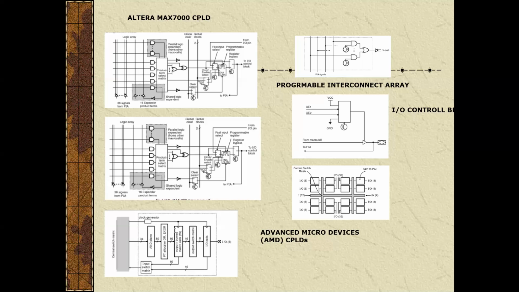The product term allocator distributes and shares product terms from the AND plane to the OR gates that require them. The output switch matrix makes it possible for any macrocell output to drive any of the I/O pins connected to the PAL block.